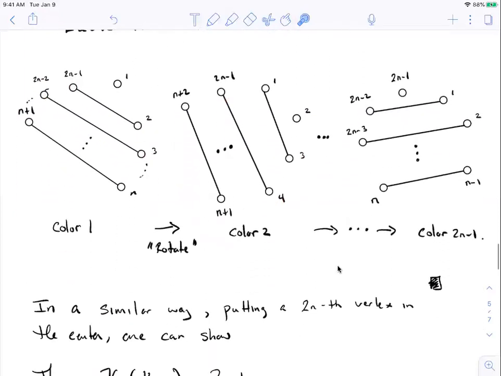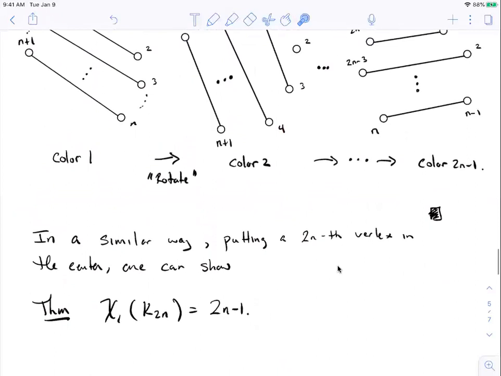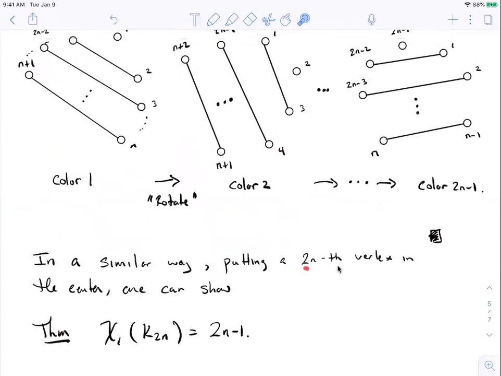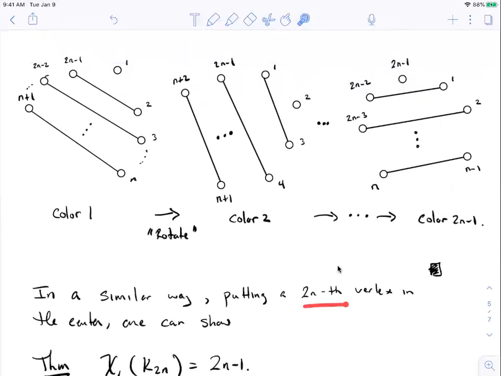I'm not going to do it here. I hope you don't think I'm lazy or avoiding you, but in a similar way, it's a cool thing. If you take a complete graph with 2n vertices, so an even number, you can do the same argument, but you have to take the 2nth vertex and put it in the middle, and then always give it a color matching the one that you are leaving out.